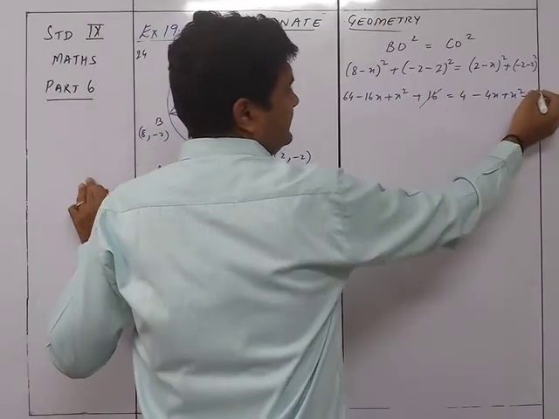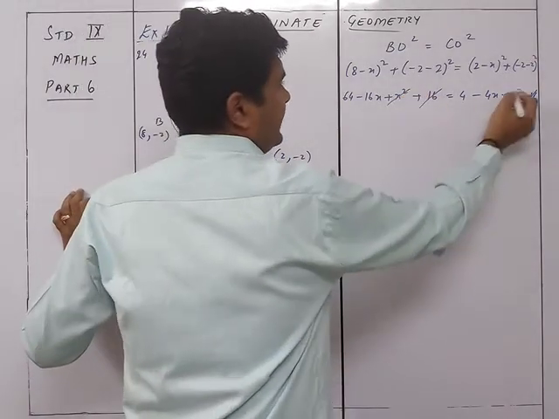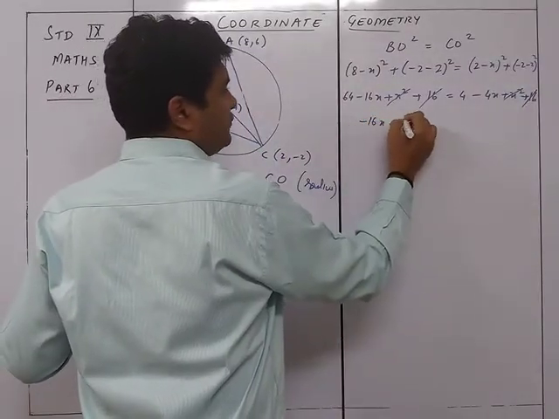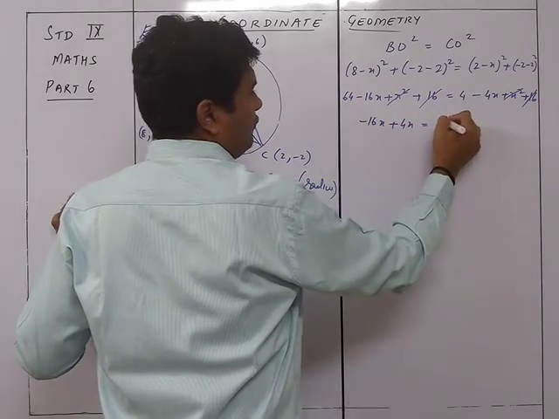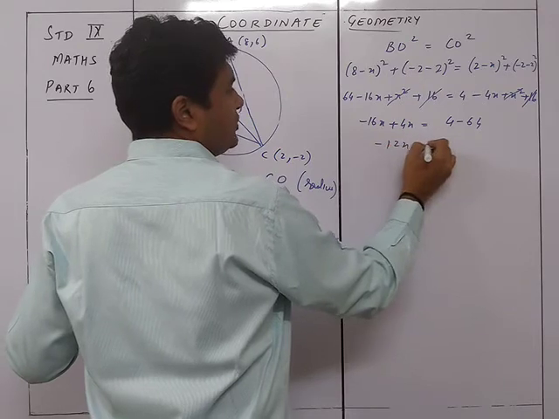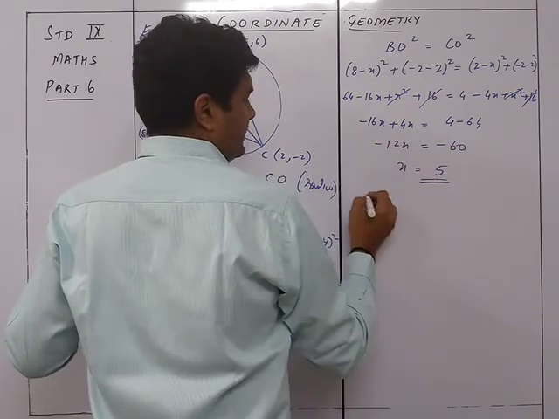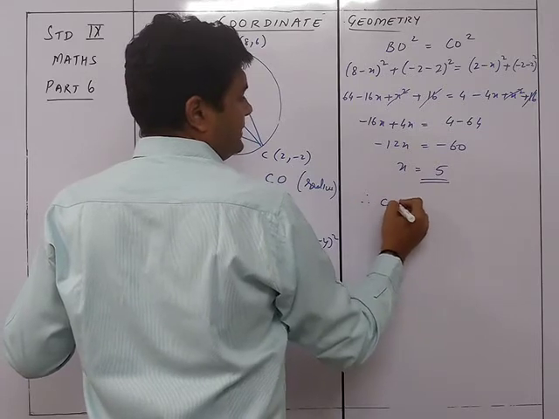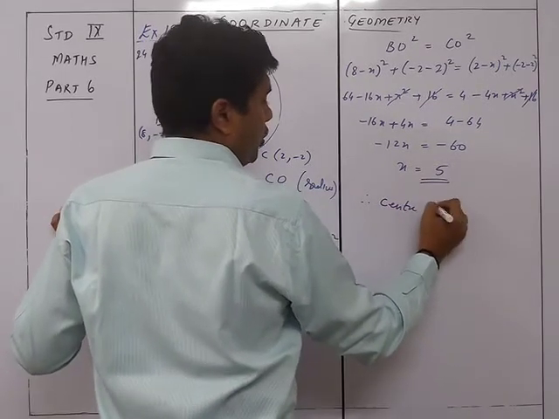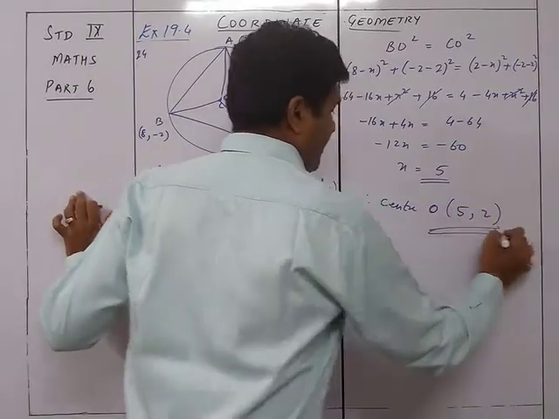Now this 16 and this 16 get cancelled, and x square and x square get cancelled. So minus 16x plus 4x equals 4 minus 64. So minus 12x equals minus 60, x equals 5. Therefore, the center O is 5, 2.